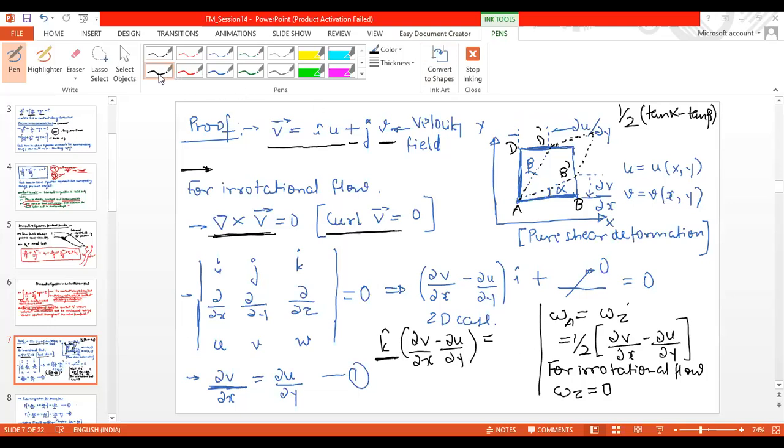Just keep this in mind. Now let us move to the next slide. Finally we have delta V by delta X equal to delta U by delta Y, if we consider the flow field as a two-dimensional flow field in the XY plane.